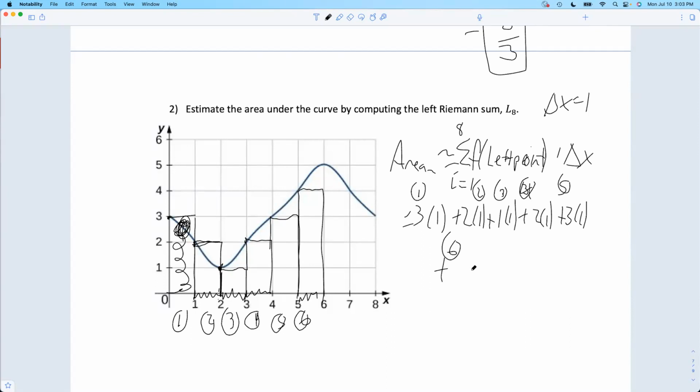Plus, what do we got there? 5 times 1. Seventh one. Oh, did I lie? Yeah, sorry. That was 4 times 1 right there. Here's my seventh one. Here's my rectangle way up here. 5 times 1. And then finally, this rectangle here. 4 times 1. Okay, so there was the seventh rectangle.